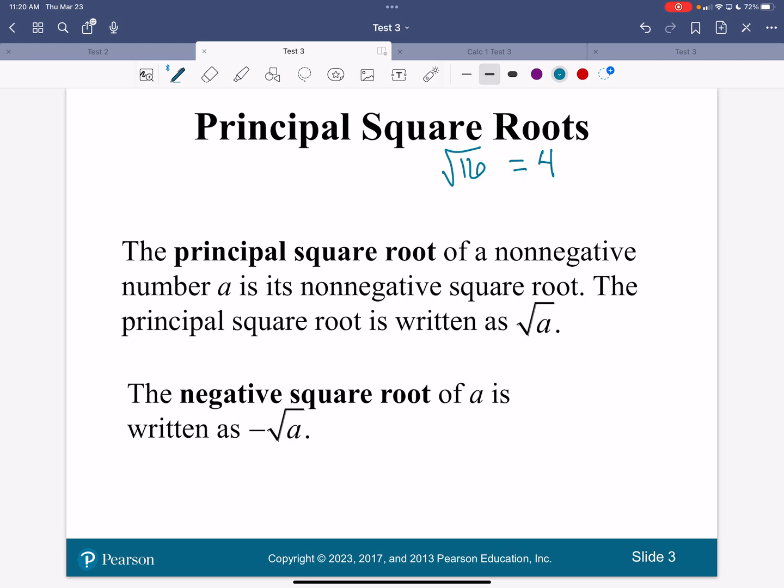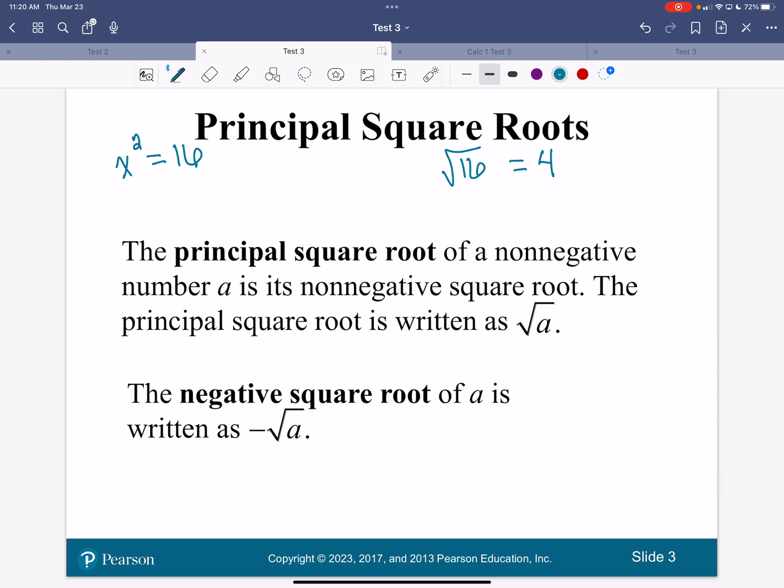The reason that this is important is because when we start solving and we end up with something like x squared equals 16, these are two different types of equations. X could be two different things.